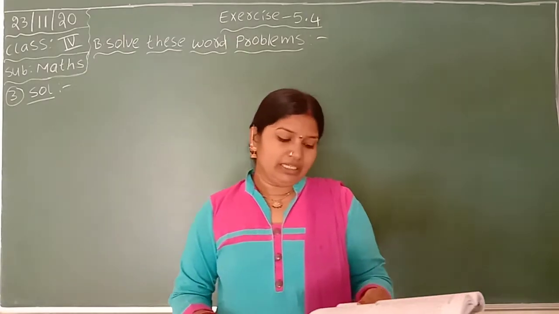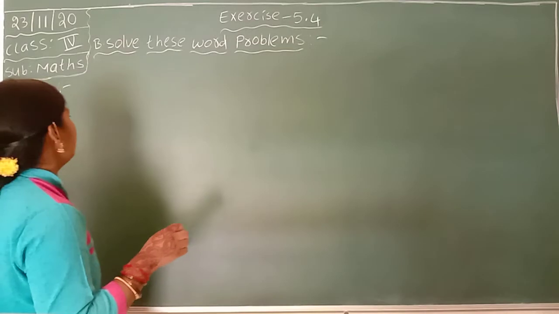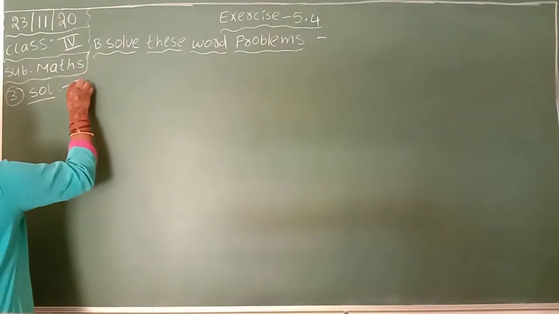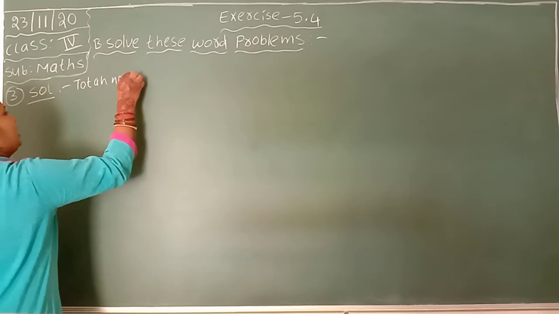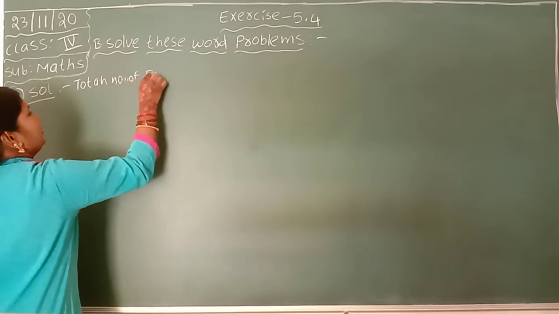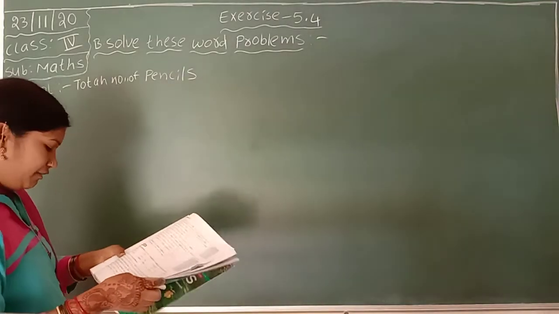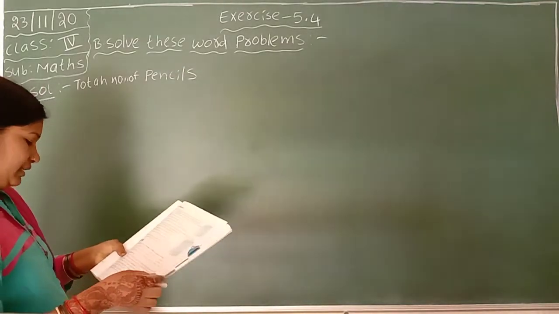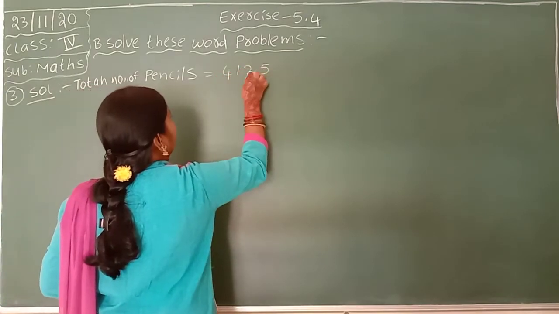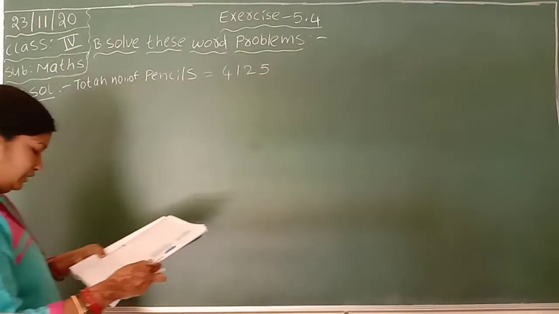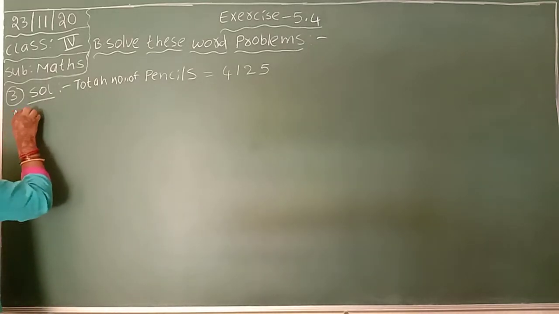Okay. Here they have given the total number of pencils. First step, you have to write down the total. NOP is nothing but number of pencils. Total number of pencils is equal to 4125.